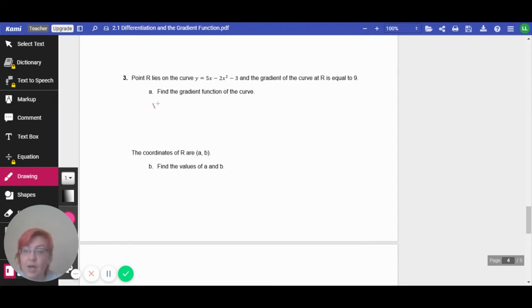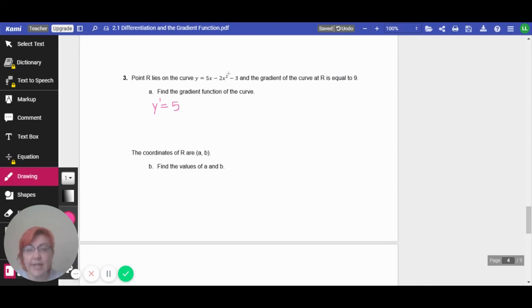All right, so y prime. First and foremost, n is 1, a is 5. 1 times 5 is 5. X to the n minus 1. 1 minus 1, 0. So x becomes 1 multiplied by 5 is just 5.